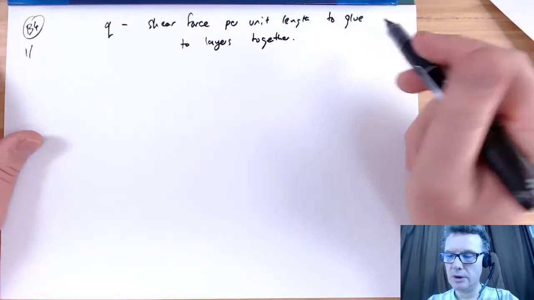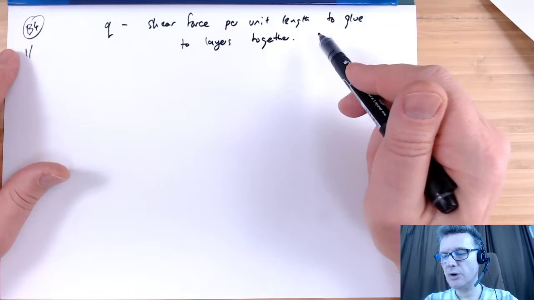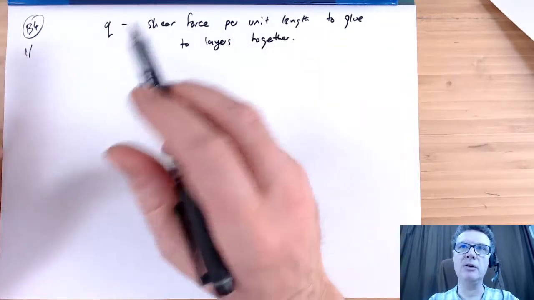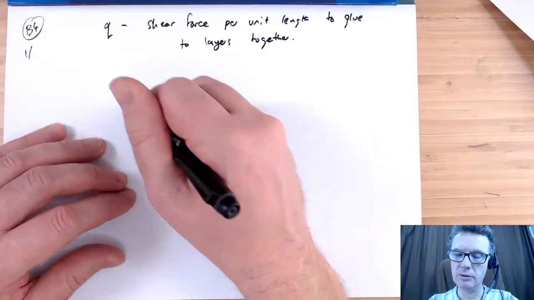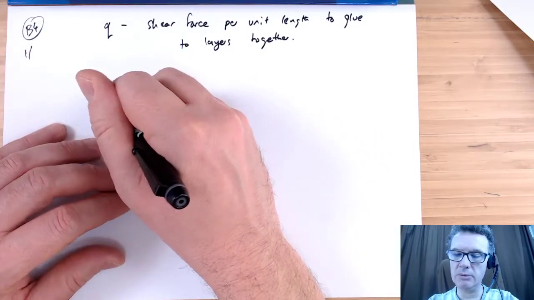Okay, so per unit length, so we're going to ignore width in our derivation. So we're going to look at the beam sideways on.